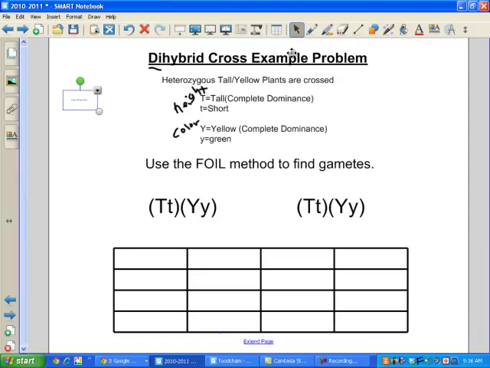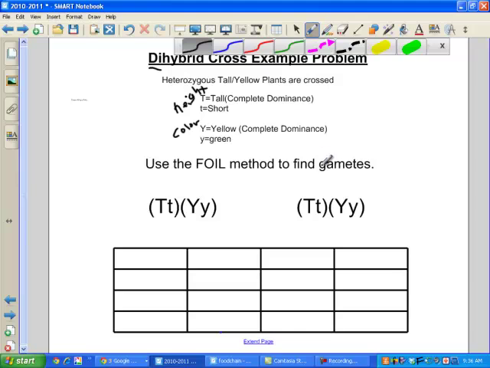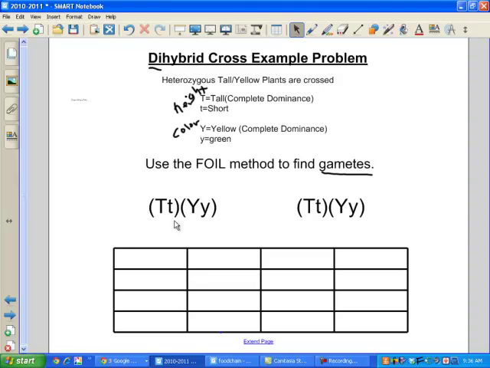And remember, the gametes are the sex cells, so the sperm or the egg. Now when we're doing a cross like this, it doesn't matter which one is the mom, which one is the dad, which are sperm, which are egg. All we need to figure out is what are the possible ways that these T's and Y's can form a gamete. So I use the FOIL method, which you do in your algebra classes, the first, outside, inside, last.